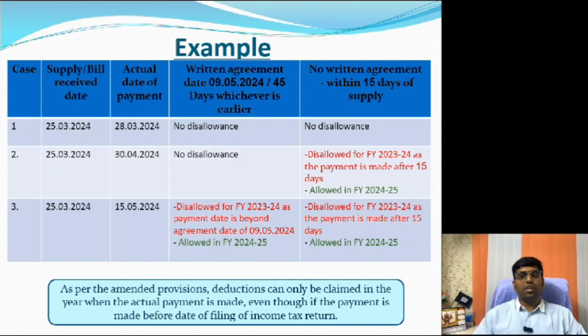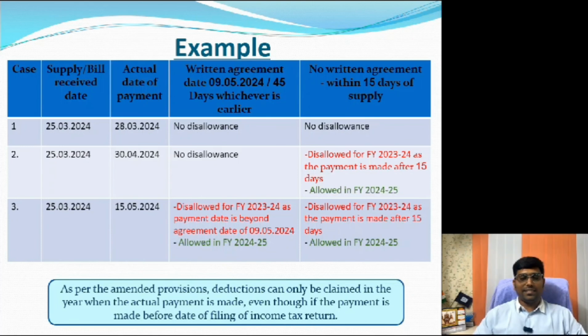In case of no written agreement, the payment is made beyond 15 days, so the expenditure will be disallowed for the financial year 2023-24, but the expenditure will be allowed as deduction in the financial year 2024-25 in which the payment is made.